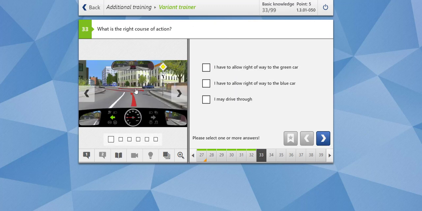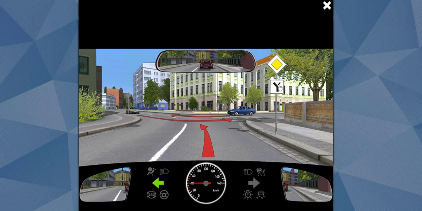What is the right course of action? So if we look here, there is a priority sign and then there's a road marking and we are following the priority road. We want to turn towards left, so we have already indicated it. So we are the first ones to move on the priority road. Why? Because we are following along the priority road.